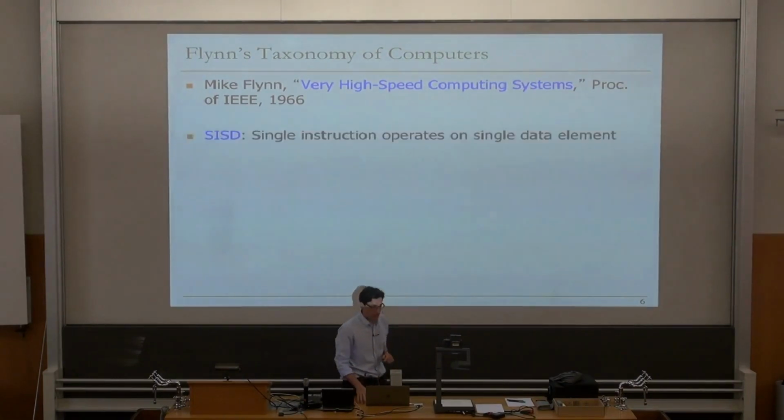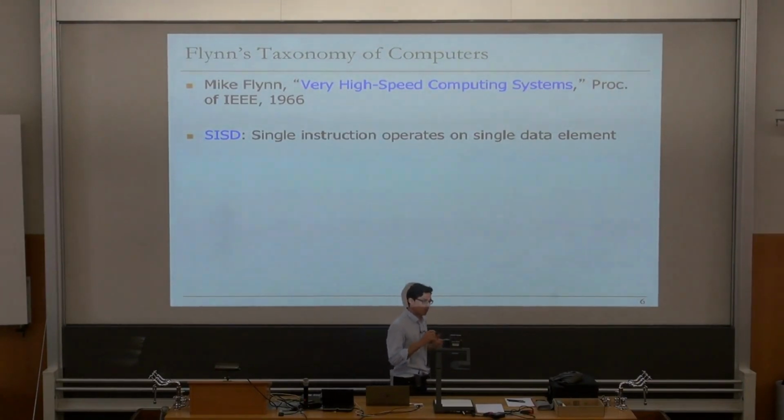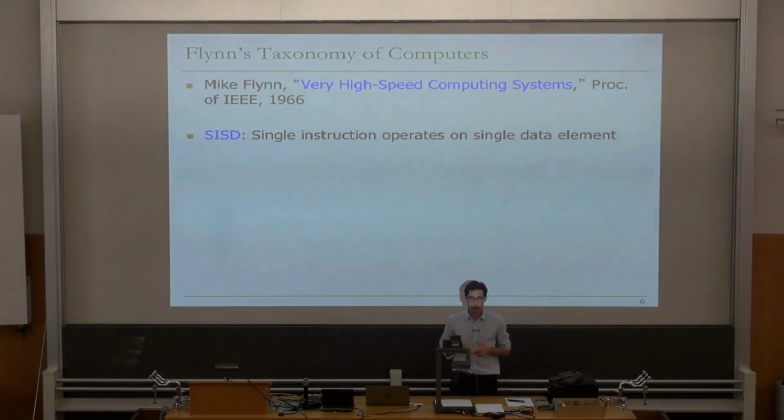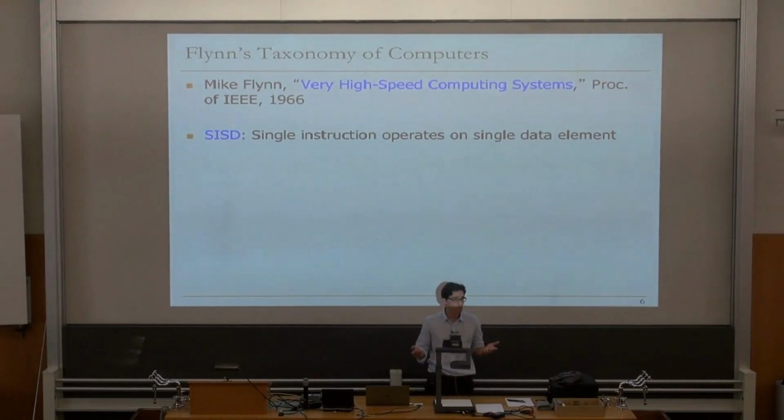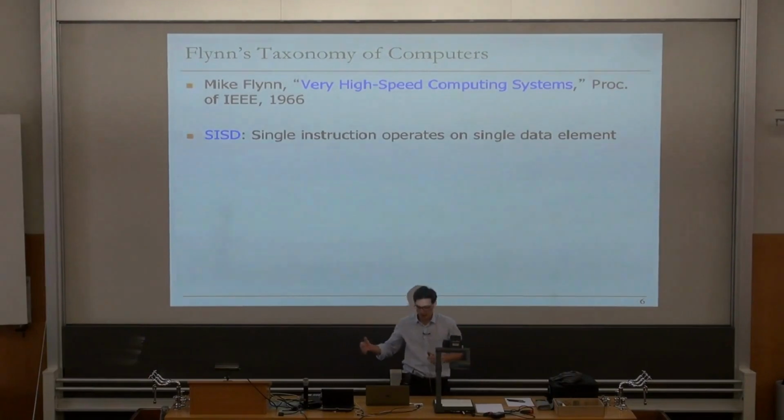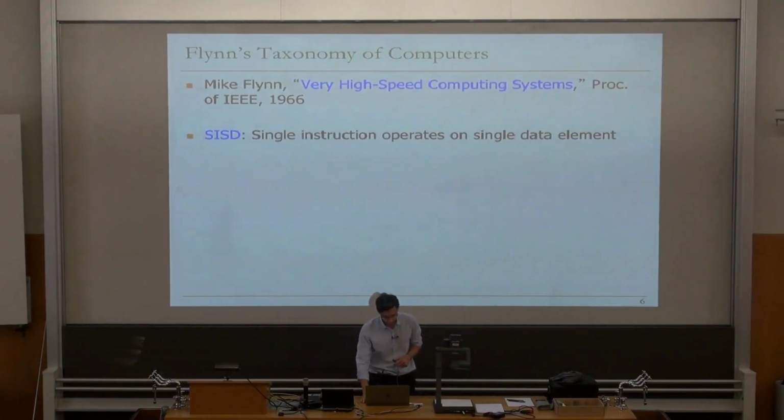The first category is SISD, single instruction, single data. It's the case where we have one single instruction that operates every cycle on one single data element. This is like the traditional CPU model, right? Where we have sequential execution of instructions on different data elements.